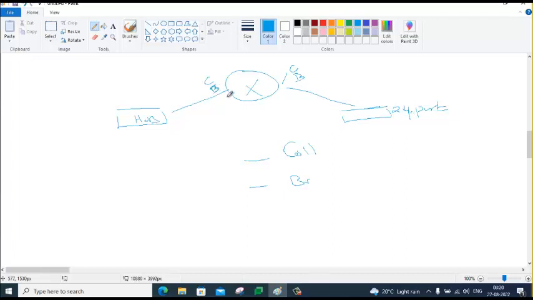Now, what will be the total number of collision domains and broadcast domains? The hub has one collision domain, the router has two, and the switch has 24.